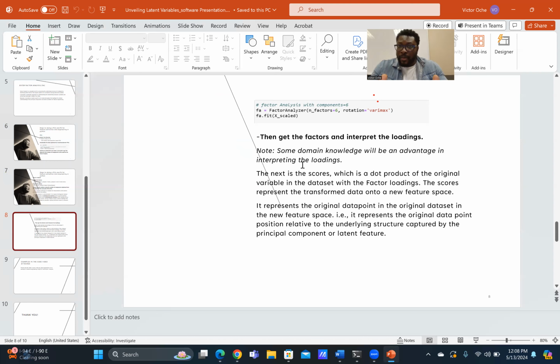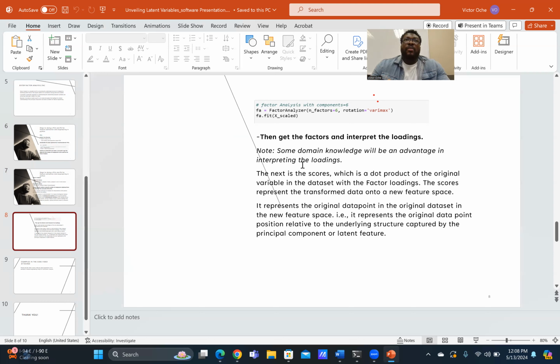The factors have loadings, right? The loadings represent the combination of directions of the variables in the new feature space. These loadings tell us the characteristics, and reveal the latent variable of each factor.